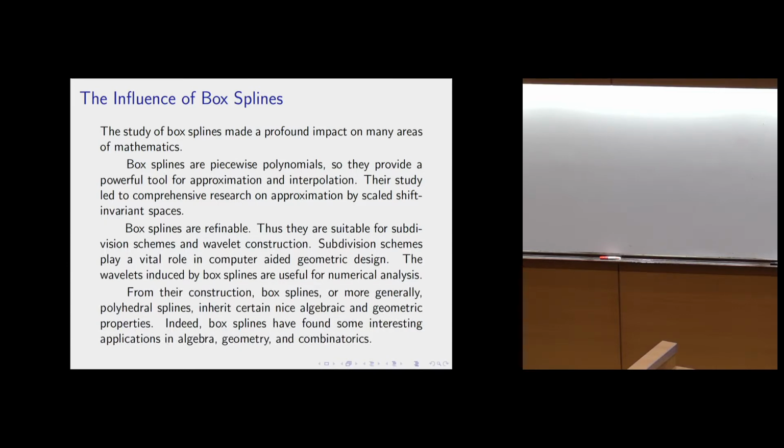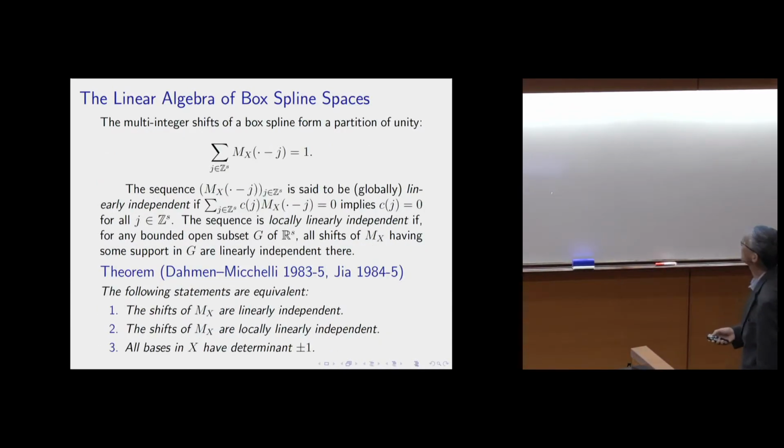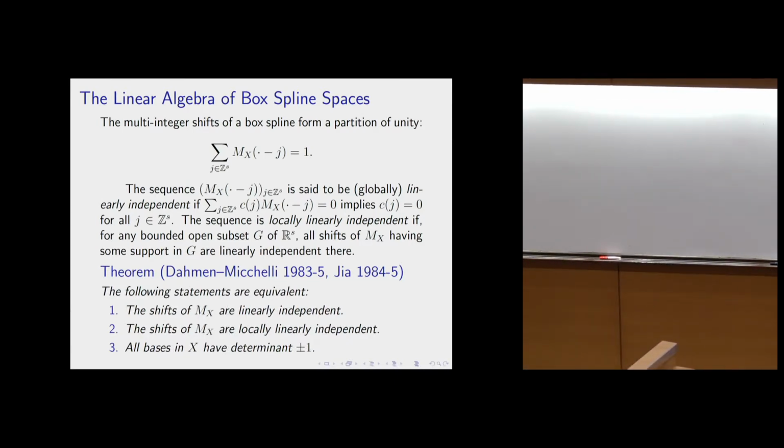So in this talk, in the remaining time, I mainly discuss the algebraic aspects. For box splines, we have partition of unity. Then we discuss linear independence and locally linear independence. And now these three conditions are equivalent.